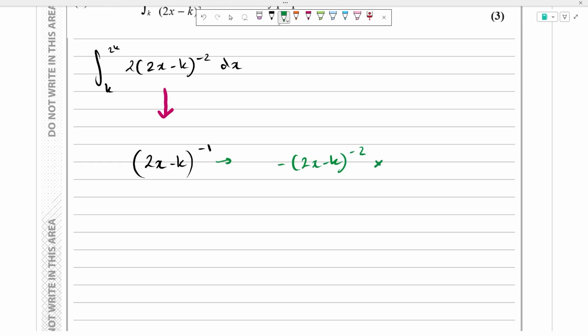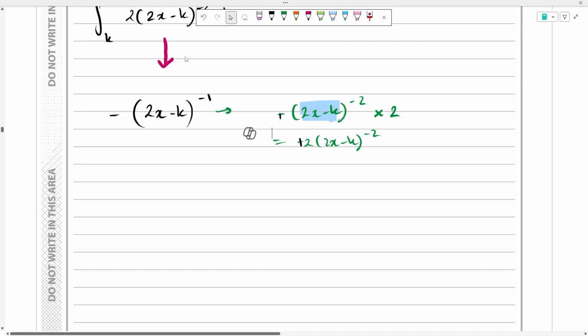But then we also have to times this by the differentiation of the inside, because that's what chain rule is. And this gives us minus 2 times 2x minus k to the power of minus 2. These are not the same, but it's a very, very small difference. And the only difference is the minus, which causes this to become a plus. Okay, so that means that this function here will integrate to this here.